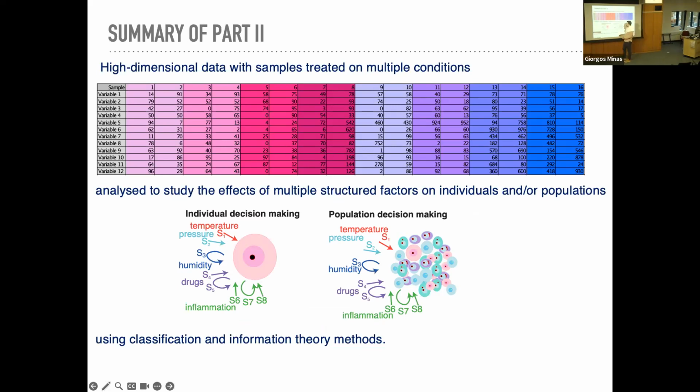And we want to study the effect of these interventions on individuals and populations. And we use classification and information theory methods to do this analysis. I think this is a very general description that can fit in so many other cases.